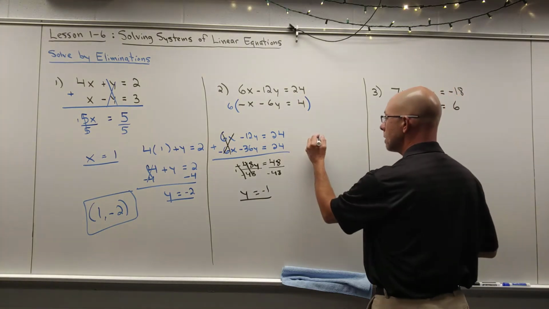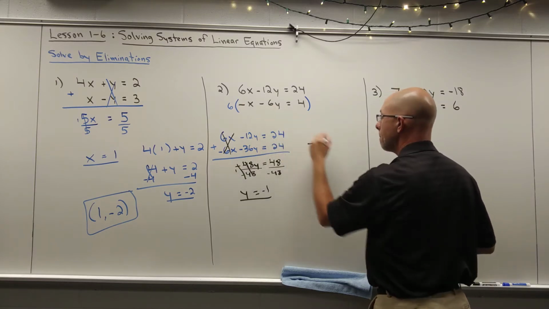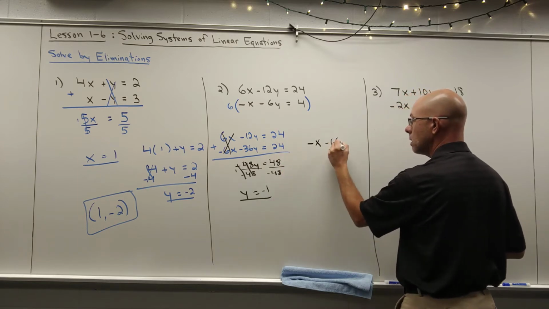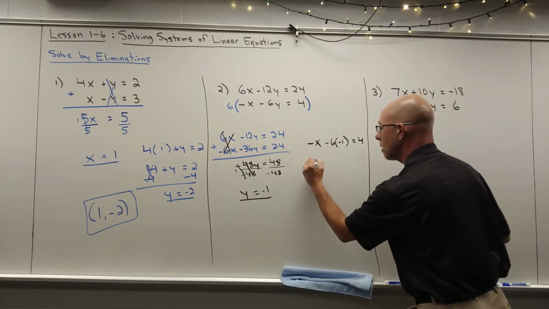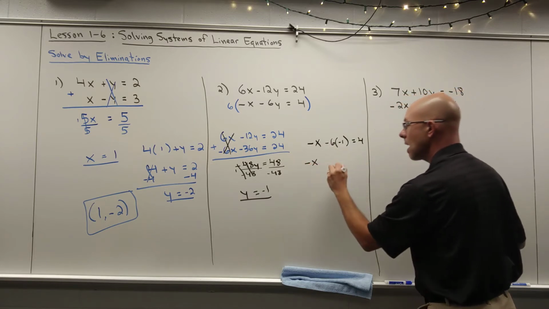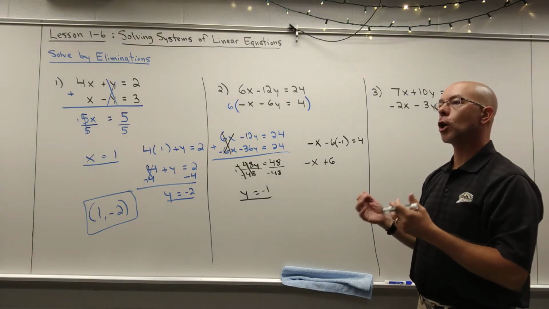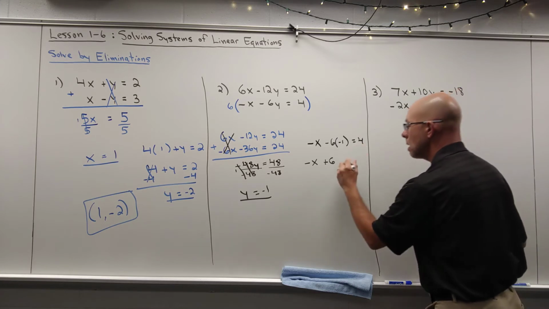So we're going to write negative x minus 6, in place of that y goes negative 1, equals 4. So negative x, that times that is positive 6. It's interpreted as negative 6 times negative 1, a negative times a negative, equals 4.